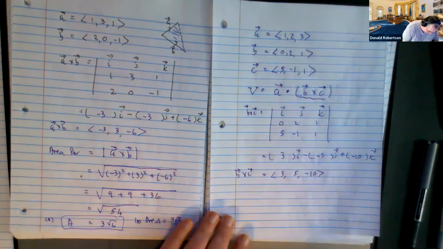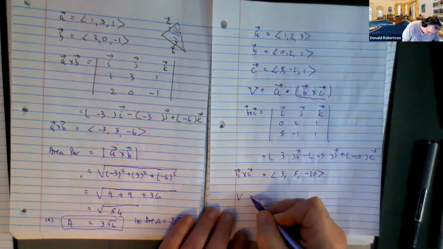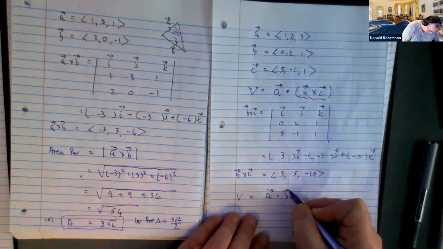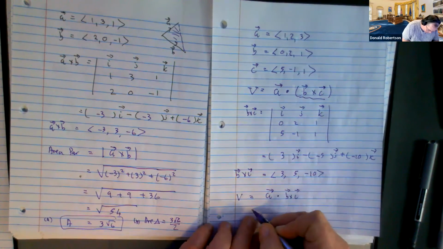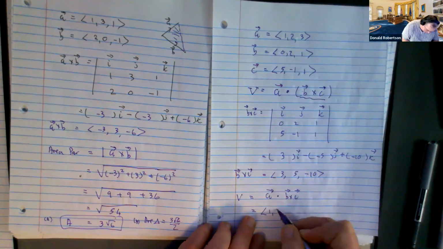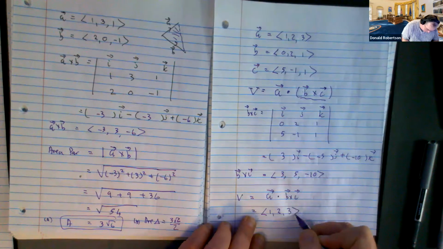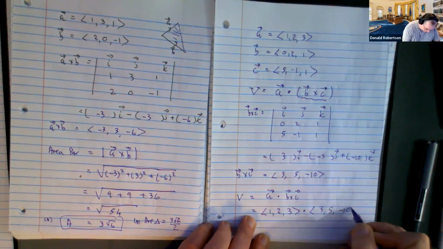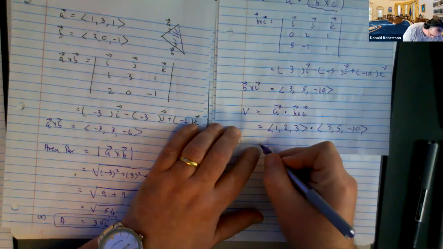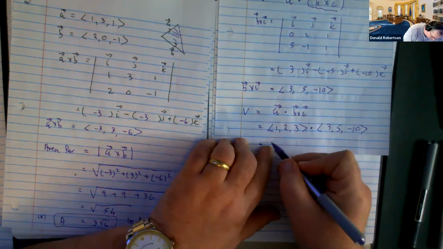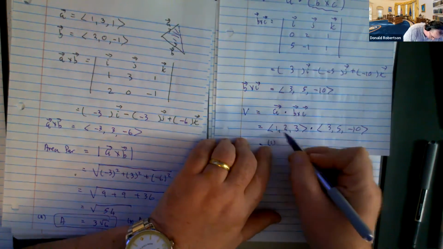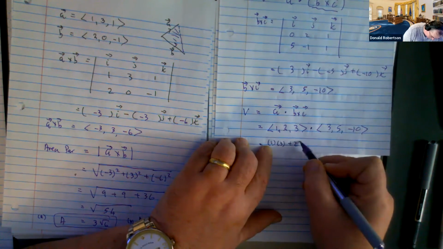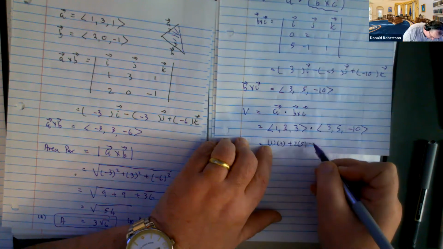And the volume is going to be the dot product that I've just written down. In this case, 1, 2, 3, dot product with 3, 5, -10. And dot product, 1 times 3, add 2 times 5, add 3 times -10.